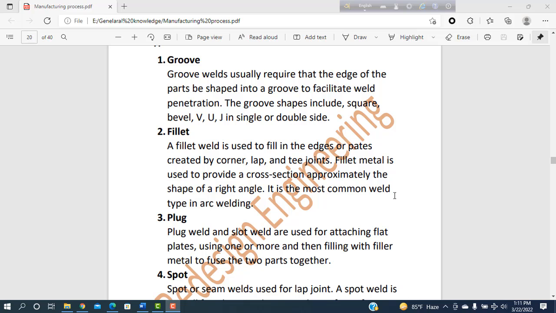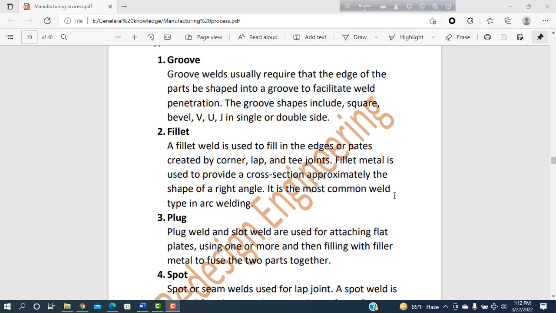Fillet. A fillet weld is used to fill in the edges of plates created by corner, lap and T-joints. Fillet metal provides a cross-section approximately the shape of a right angle. It is the most common weld type in arc welding.